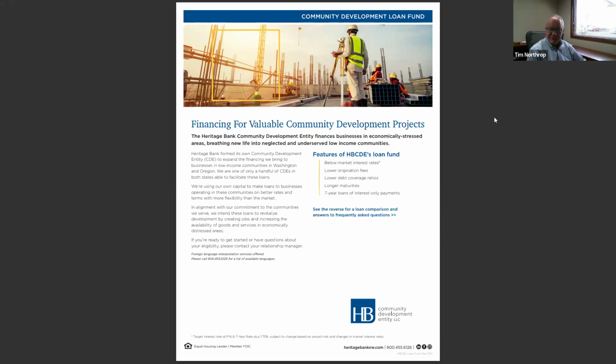What's interesting about this program is for projects where a building is being purchased or built, at least 25% of the funding in the loan has to be for building improvements. So it's a way to generate economic activity and to improve buildings or businesses in communities to help grow.